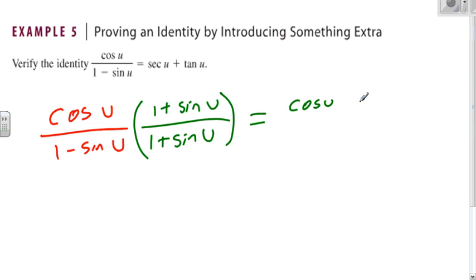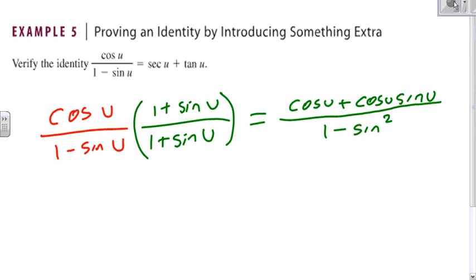So we get cosine of u plus cosine of u times sine of u over, and when you FOIL this out like we did in the previous example, you get 1 minus sine squared, which we also know is cosine squared.